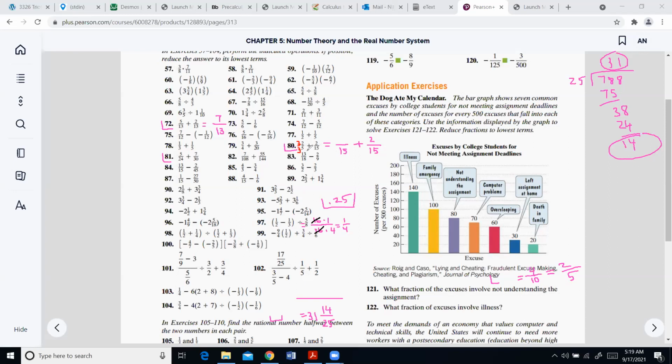So the bottom will be 15 and the top will be the number 6, right? That's what I have produced so far. And you probably already added those and produced 8 on the top and still 15 on the bottom. That's what we did in arithmetic classes. We produced those common denominators so we could add or subtract those little fractions.